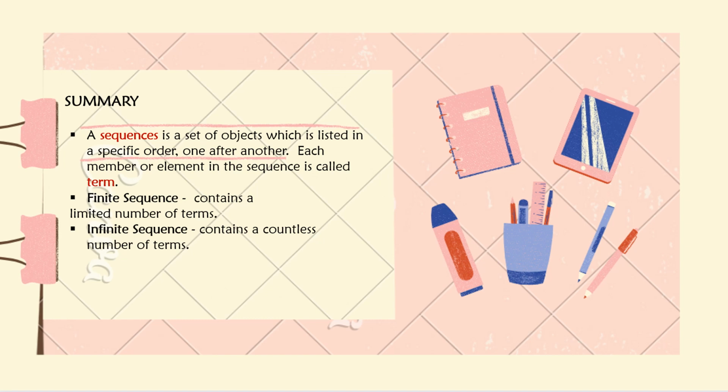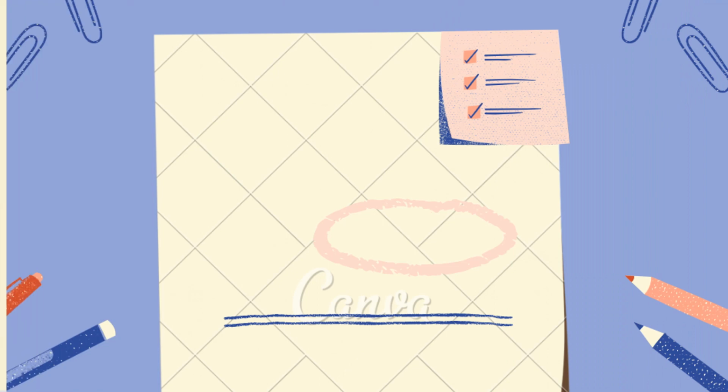So again, the element or the member of the sequence is what we call the term. And we can classify sequence into two, so that is finite sequence and infinite sequence. And also in our lesson, you also learn how to find the general terms of the sequence.